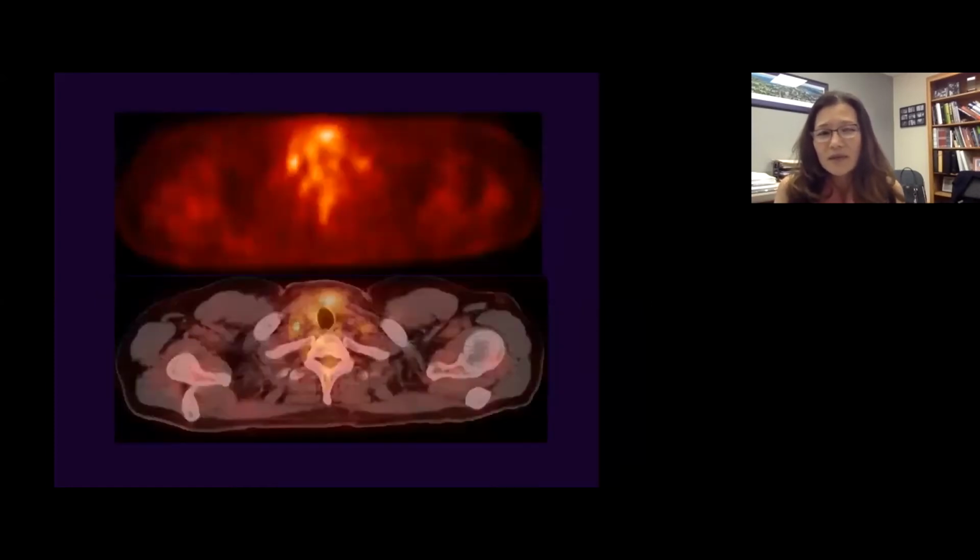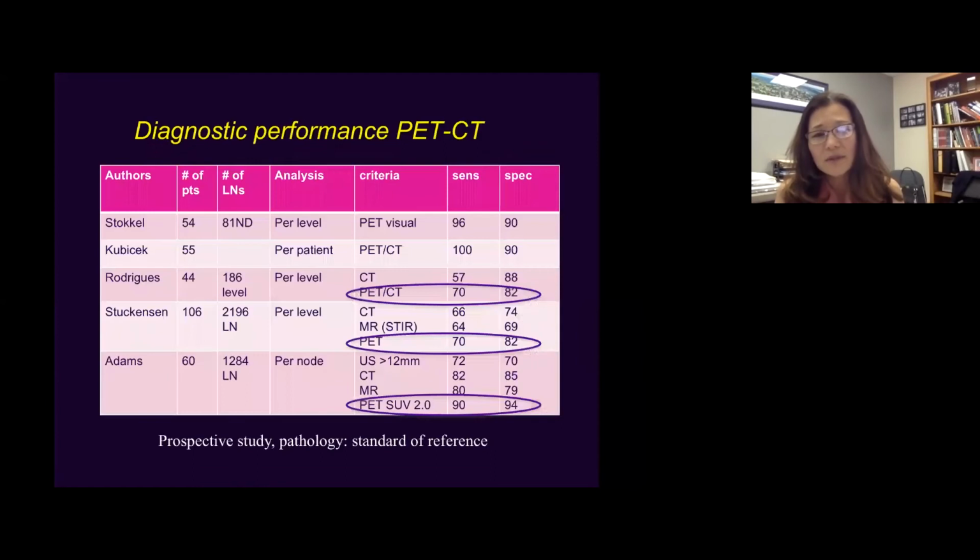But when you do a PET scan, there are nodal masses or nodal recurrence and also residual uptake in the primary tumor site after surgery. So again, it is something where FDG PET may play a role, particularly for poorly differentiated papillary thyroid cancer. Performance of FDG PET is somewhat widely varied, between 70% and 90% sensitivity per level analysis.